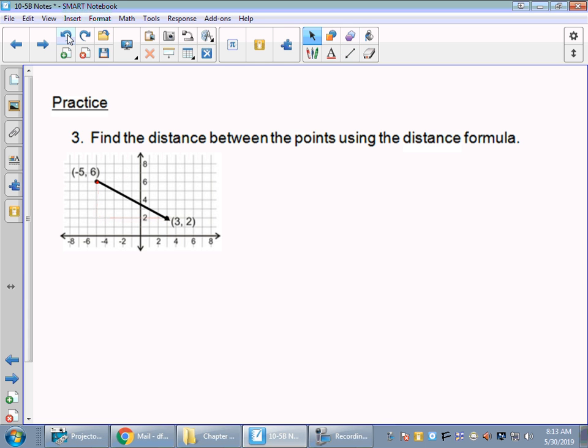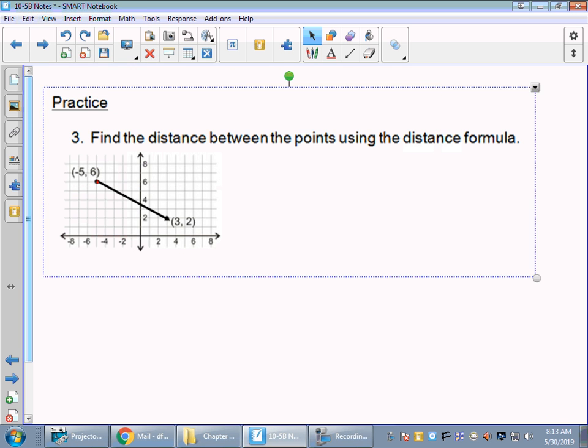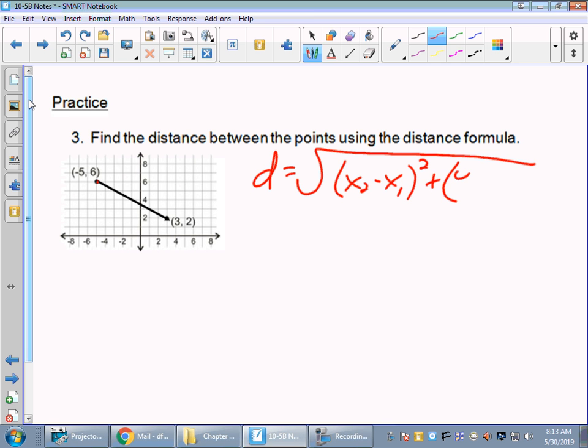So what we can do is use our distance formula here. Remember, d equals the square root of x2 minus x1 squared plus y2 minus y1 squared.